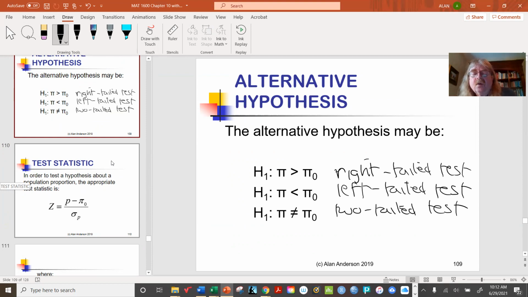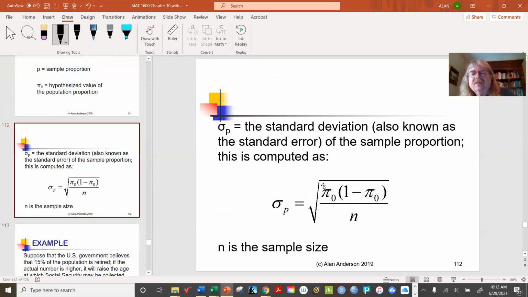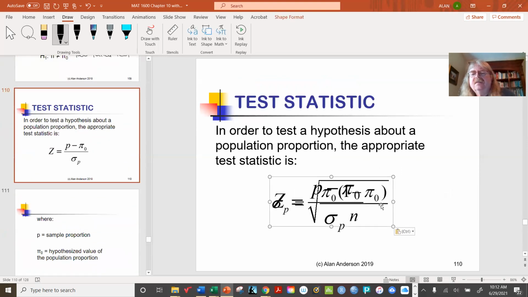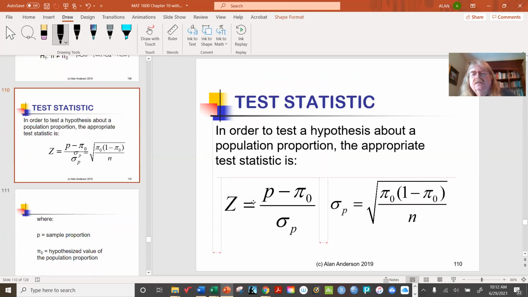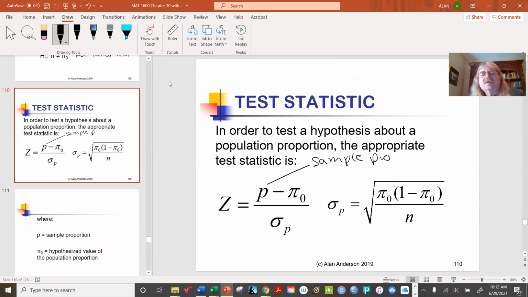Now, the test statistic, of course, is different now because we're dealing with the proportions rather than means. I've actually written it in 2 stages. Let me do this real fast, just so you can see everything side by side. Now the logic behind the test statistic is exactly the same as the others that we've seen. You've got the sample proportion.